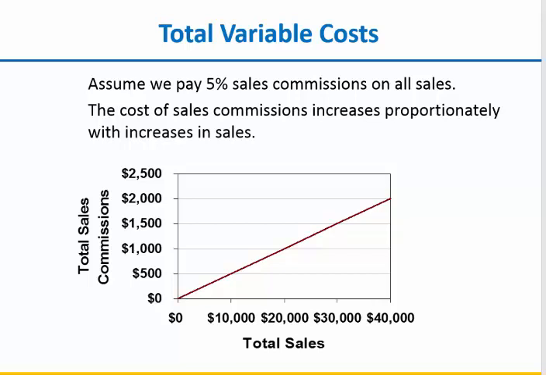There are many examples of variable cost in the real business world. Let's take a look at manufacturing examples. Let's assume that you are the owner of an automobile company. The cost of tires installed in the vehicles increases proportionally with the increase in the vehicles you have manufactured.